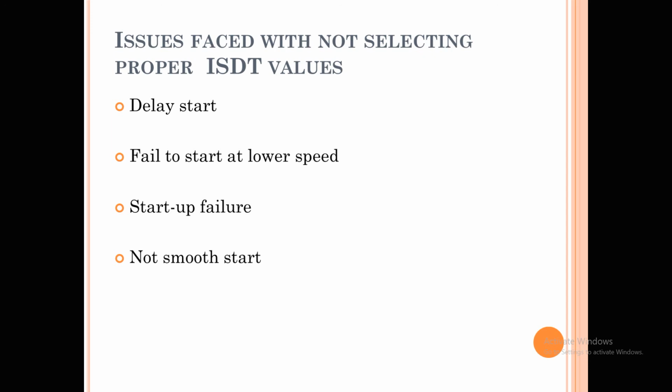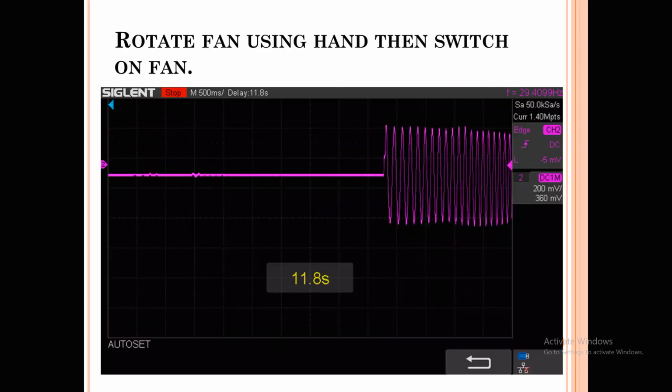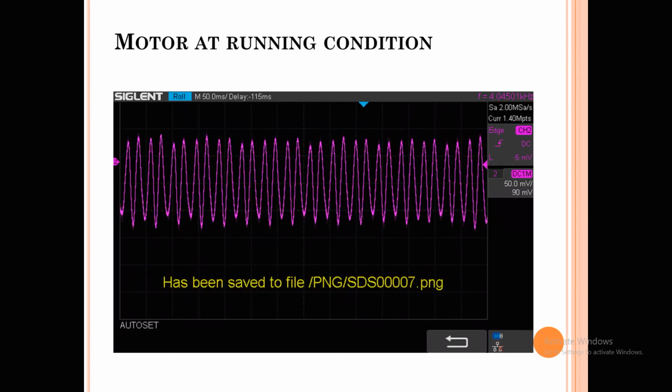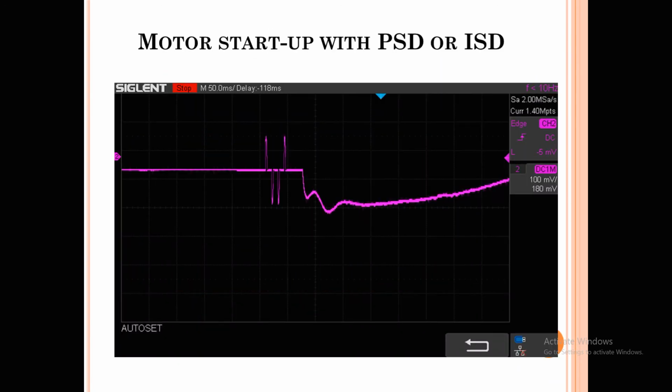So if you selected a very high value of delay, then for that particular time duration it will stop. So you need to select a lower ISD time setting value, and then this particular delay time will be reduced. Okay, but at the same time you have to check whether it's starting perfectly or not.